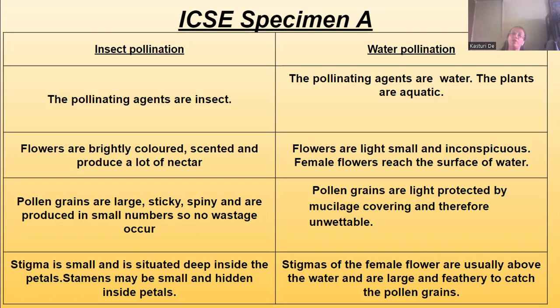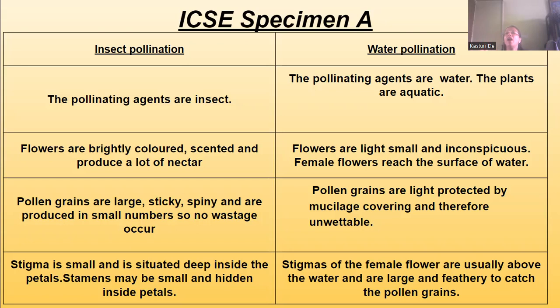When the insect goes inside the flower to take the nectar, the stamens brush off their anthers on the body of the insects, and that's why they will shed their pollen grains on the body of the insects. Okay. Then the stigmas of the water pollinated flowers, the female flower, are generally above the water surface.